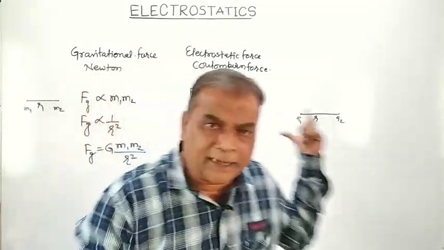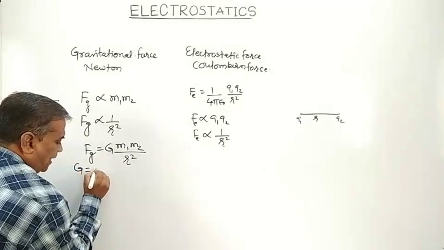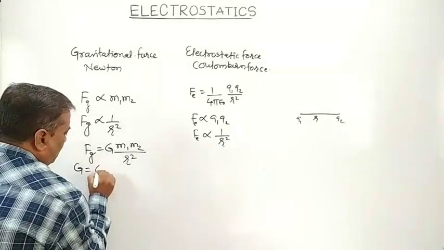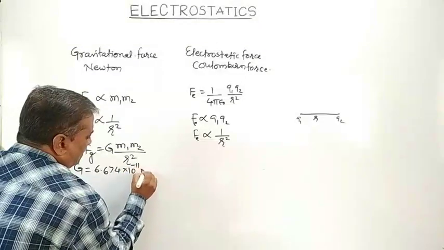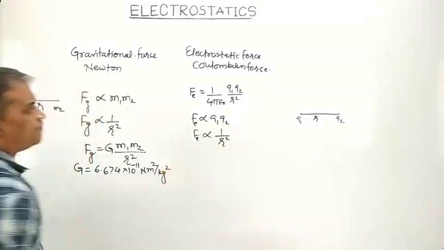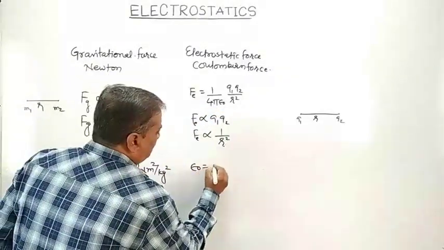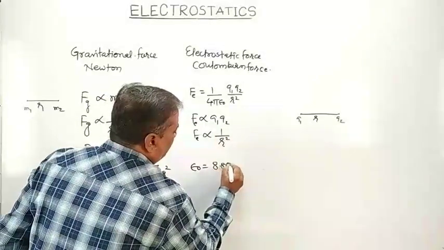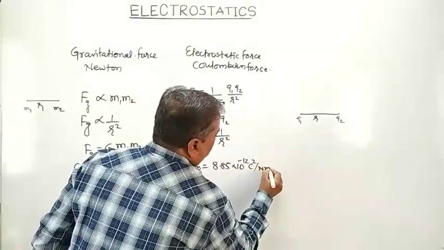Here G is the universal gravitational constant, and the value of G is equal to 6.674 into 10 to the power minus 11 Newton meter square per kg square. Here the absolute permittivity of free space epsilon 0 is equal to 8.85 into 10 to the power minus 12 Coulomb square per Newton meter square.